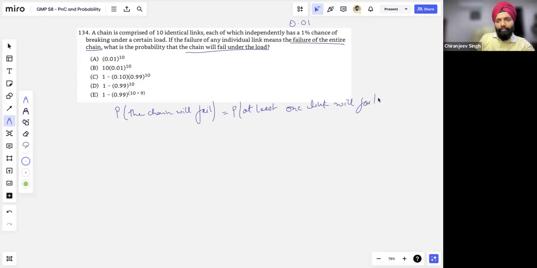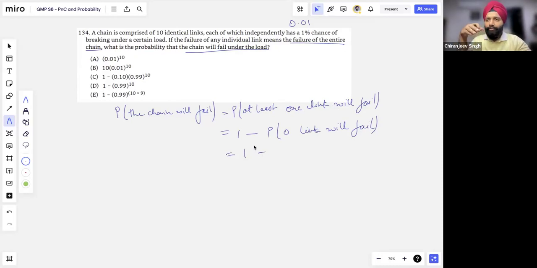Right? So you need to add up all the probabilities. One link will fail, two links will fail, three links will fail, four links will fail, and so on. Or you can do 1 minus the probability that zero links fail. So no link will fail. So what is the probability that no link fails?